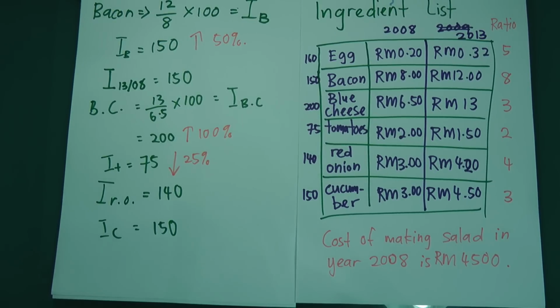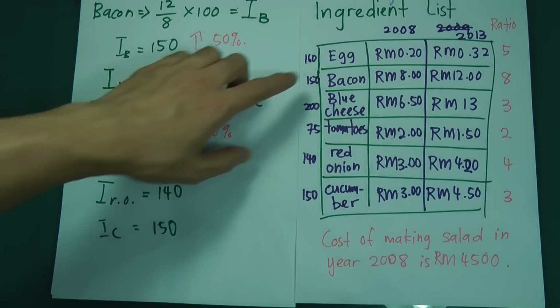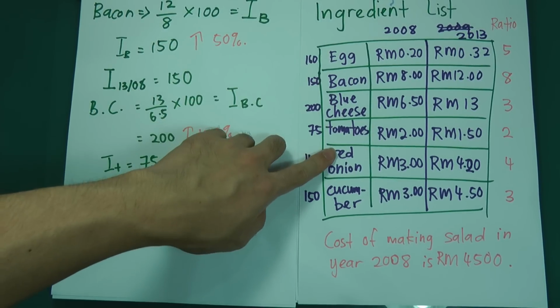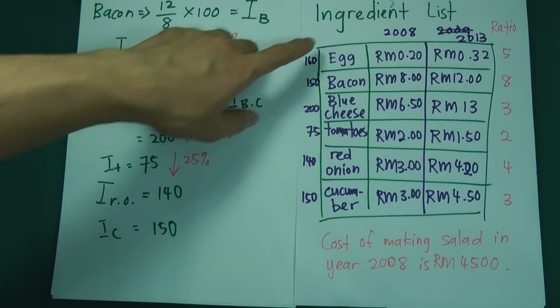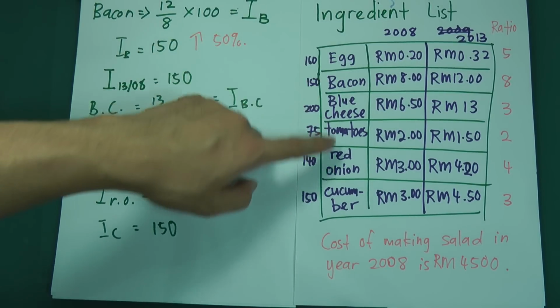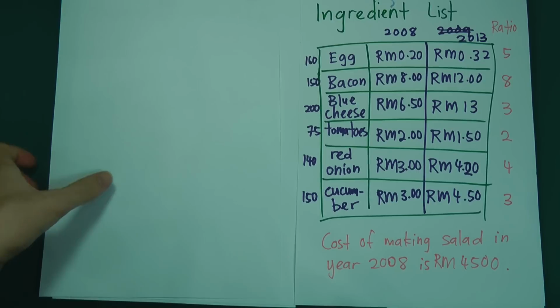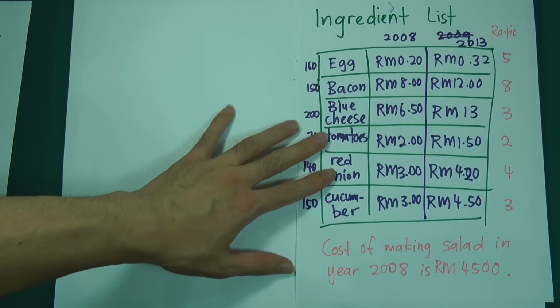So now you want to know how much your cost increased in year 2013, because what we calculated with all these index numbers is only for the specific ingredient. But now you want to know the cost of making the salad, because salad is going to use all these ingredients. So this is the time you need to understand composite index, because composite index means you have to combine all the ingredients. This is what we call composite index.